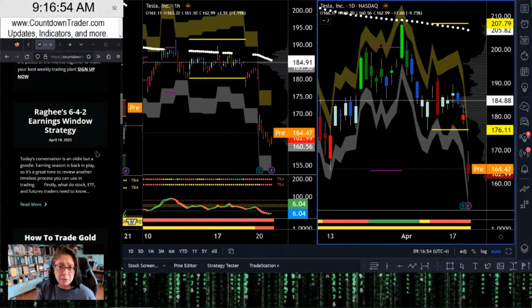I don't need to come out with bruises and black eyes. Let the mosh pit settle down, and then we'll take advantage of whatever setup. Again, inside candle, minor lows are very, very powerful. Tesla is still neutral, so it's certainly a buyable scenario. Let's just wait for a setup, right? The volatility in and of itself cannot be the setup, right?